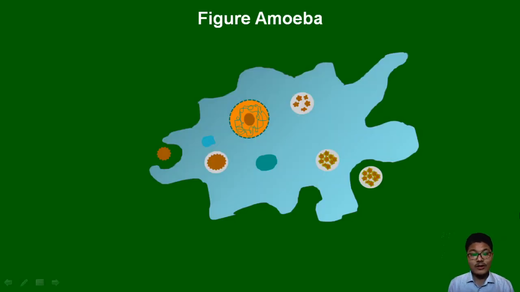Before understanding the entire picture of nutrition in amoeba, let's understand the basic structure of amoeba. Amoeba usually has an irregular shaped unicellular cell. Whenever we discuss a cell, we discuss three main parts: the cell membrane, which protects the entire unicellular cell of amoeba.